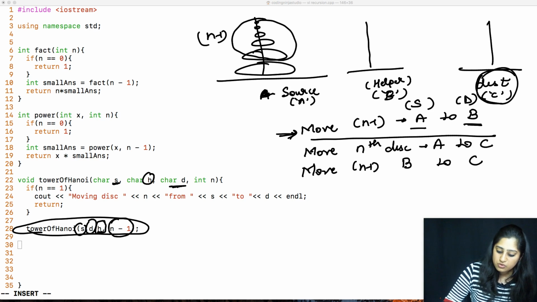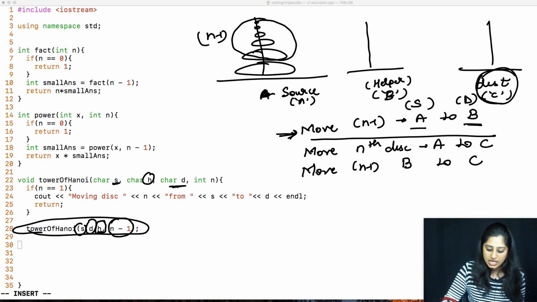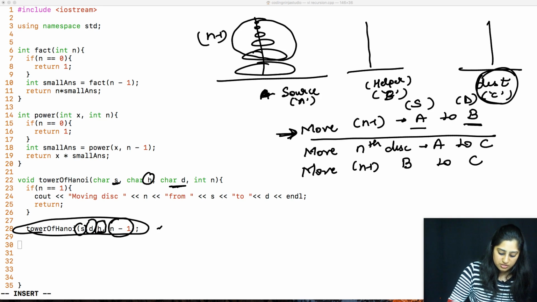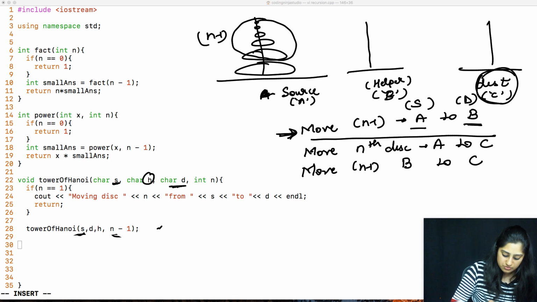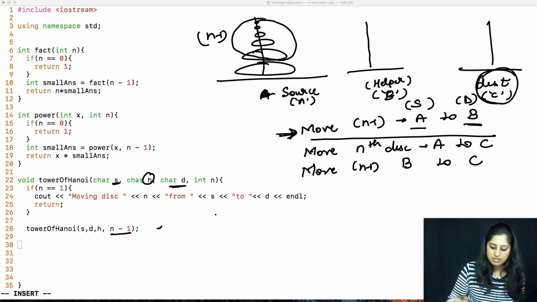So I am just writing this, move n minus 1 from A to B. This step that I have written over here, this is the code for that step. What was the task? The task was to move n minus 1 disks. I have to move them from A to B. A is the source, so this is the source.